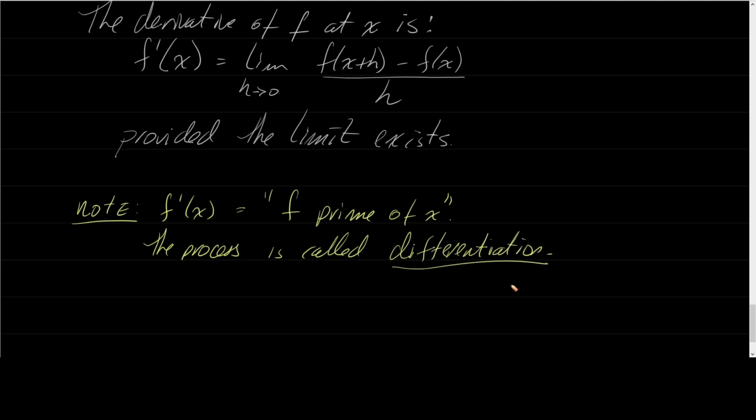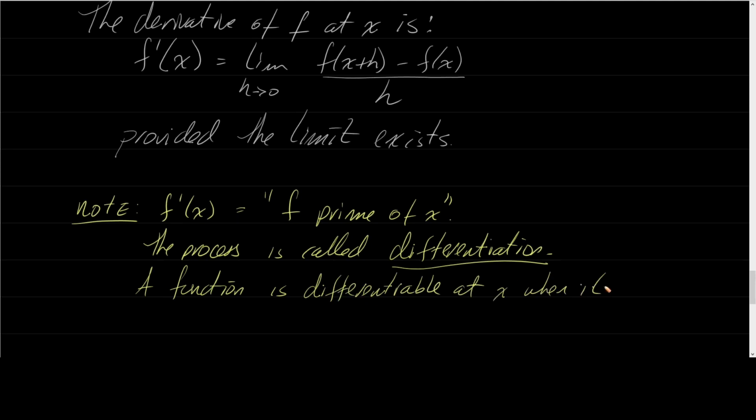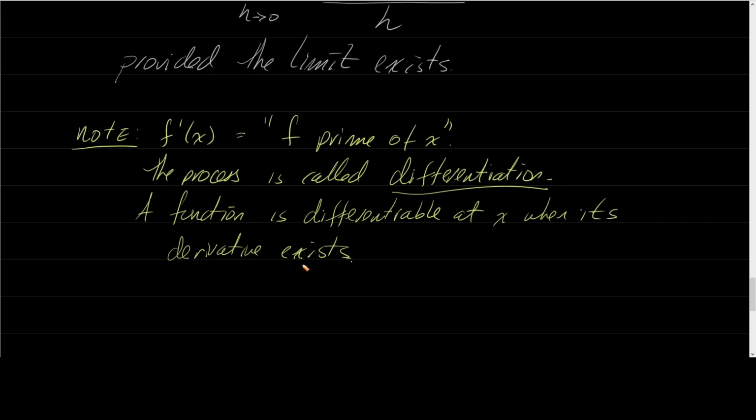And a function is differentiable at x when its derivative exists. So in other words, if this limit didn't exist for some reason, then the function would not be differentiable at that point.